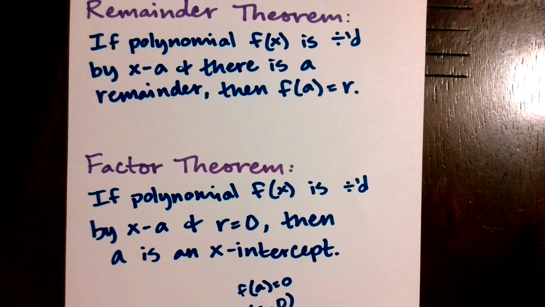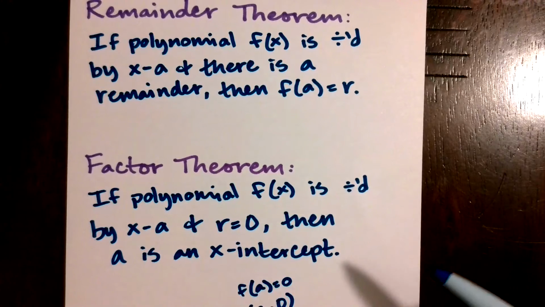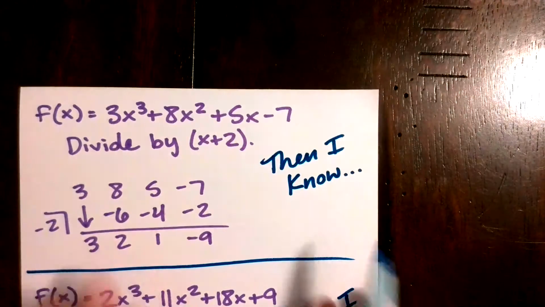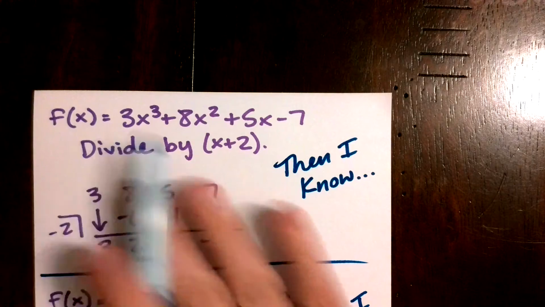We're going to be learning pretty much just using the synthetic division for today. But go ahead and think through, okay, what does it mean that it divided in evenly, or what does it mean that it has a remainder? So these first two I don't want you to write down. We're not doing the synthetic division just yet.